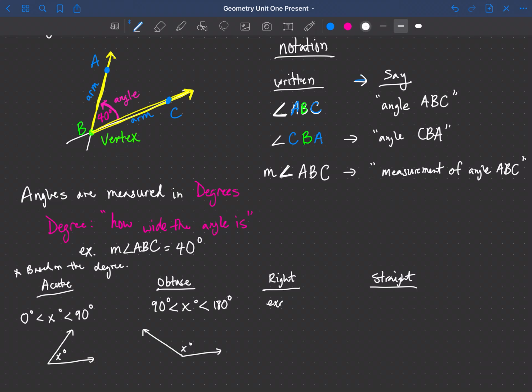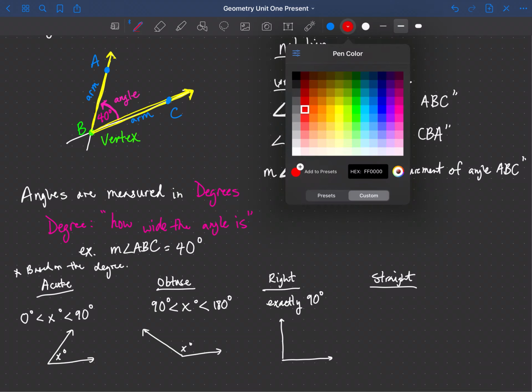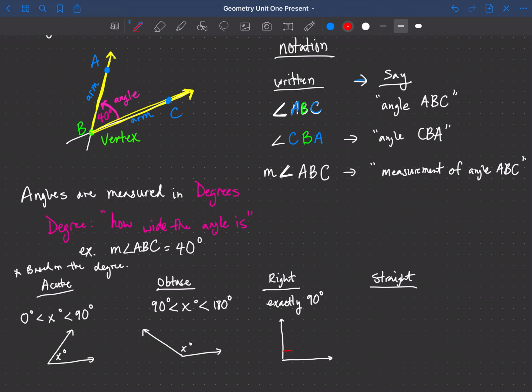We'll see how 90 degrees looks later. Obtuse would be anything that is bigger than 90, so x is greater than 90, but it's less than 180. So a wider angle.